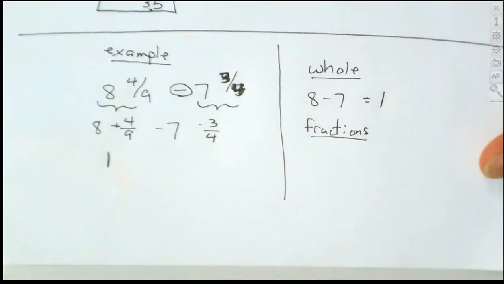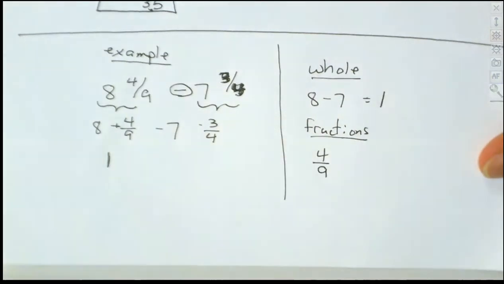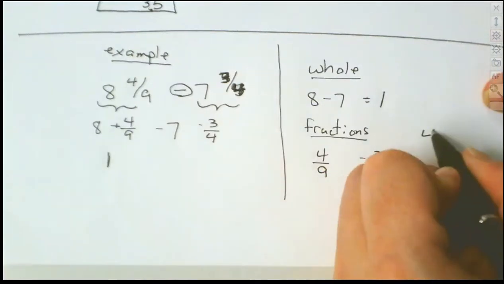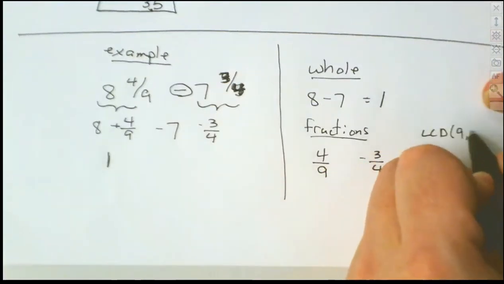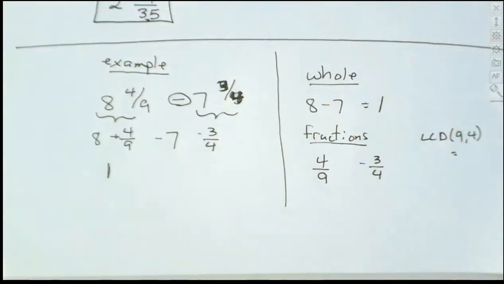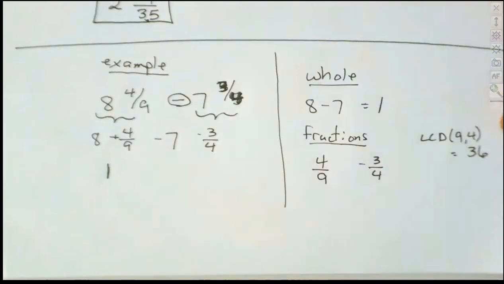Well, for the fractions, we've got 4/9, it's positive, minus 3/4. The least common denominator of 9 and 4 is going to be what? Can someone tell me? The least common denominator of 9 and 4 would be what? 36. So we're going to go ahead and combine these together now.